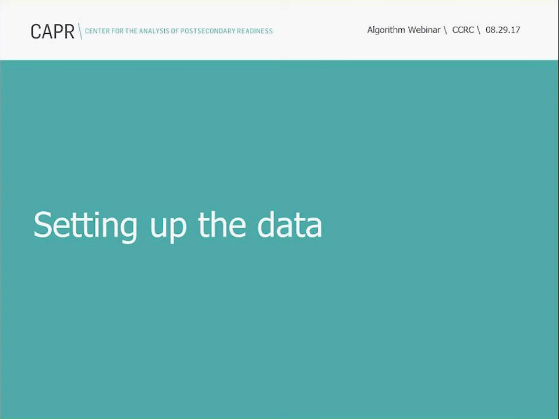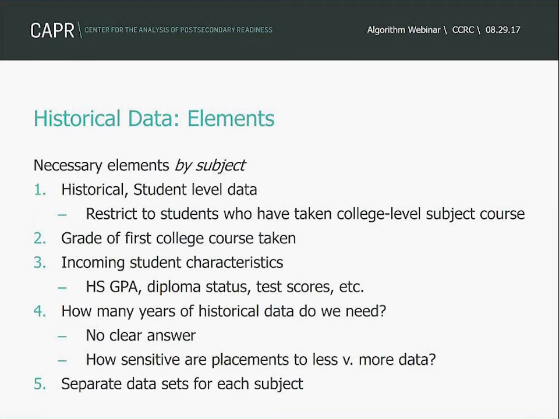Okay, so setting up the data. By setting up the data, I mean setting up the historical data so that we can estimate an algorithm here. All right, so what we need are these elements for each subject. For each subject that there's going to be a placement, we'll need these data. And the data have to be at the student level.